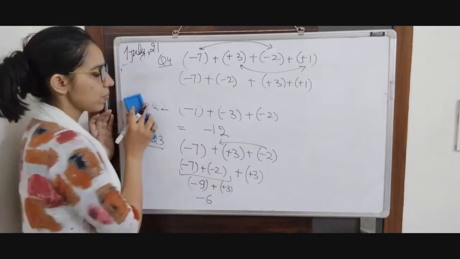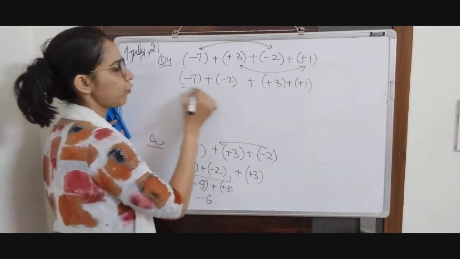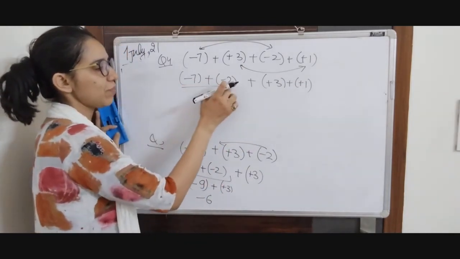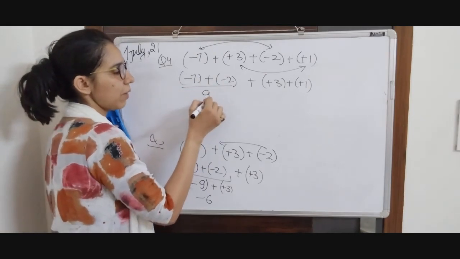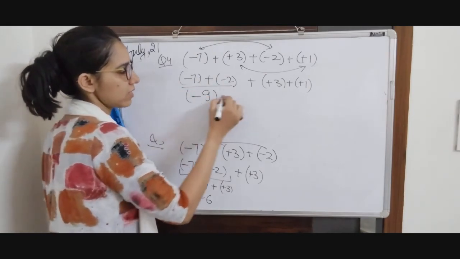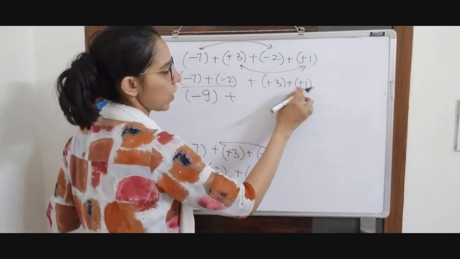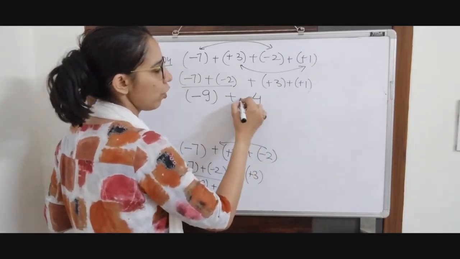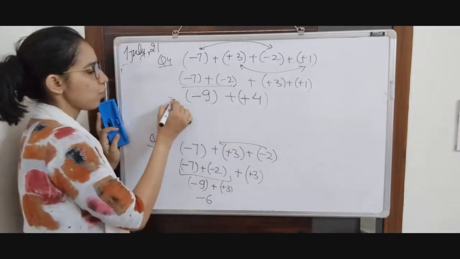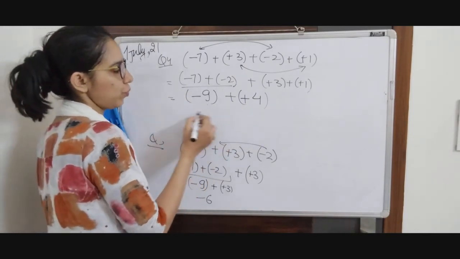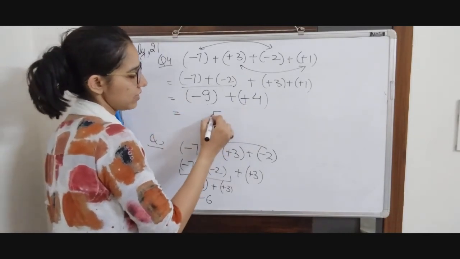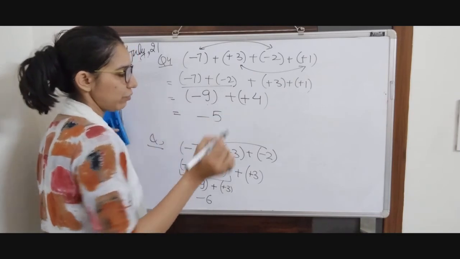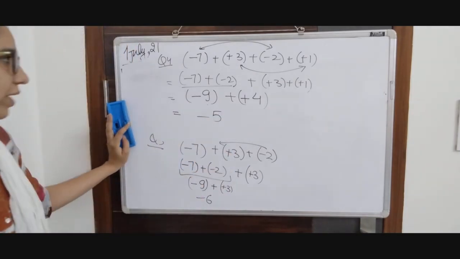Now perform the operation on this. Minus 7 minus 2, I will add them up and keep the sign, minus 9. And here 3 plus 1, same sign, it will be plus 4. Now one number is negative, one number is positive. I will find the difference, that is 5, and keep the sign of the negative number, that is minus 5.